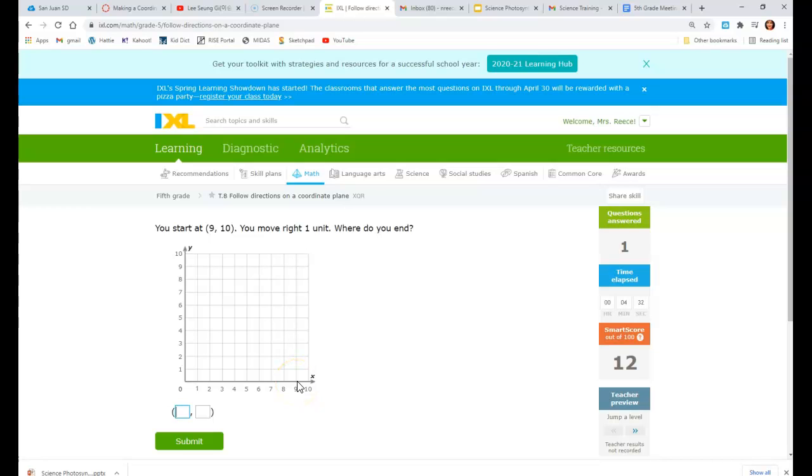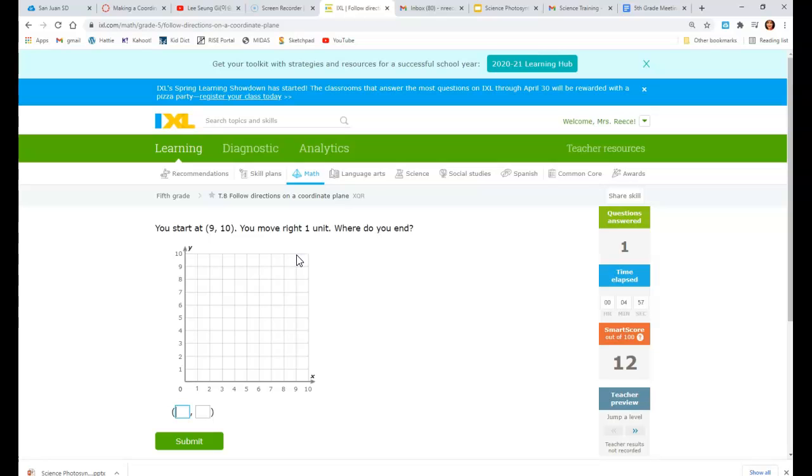Now I have to go up to 10 on the y-axis. So counting up to 10, or I can just look across over to here and see where the 10 is. So here's the 10, and there's the 9. There is where I am starting, right there at the top of this grid.